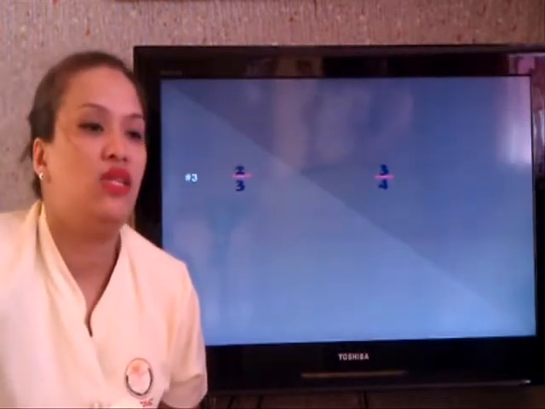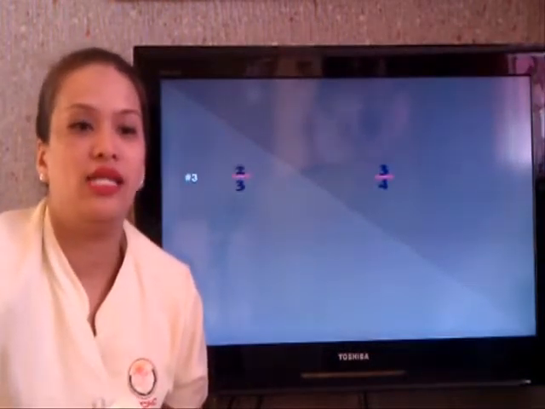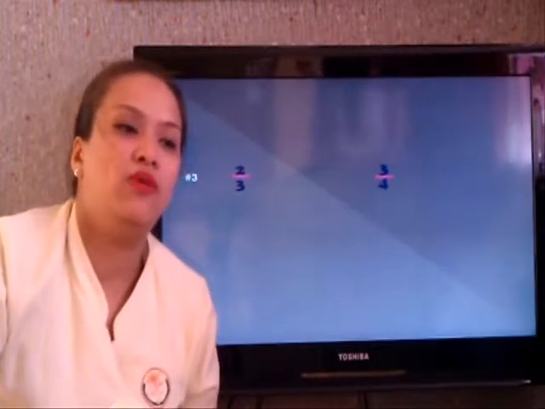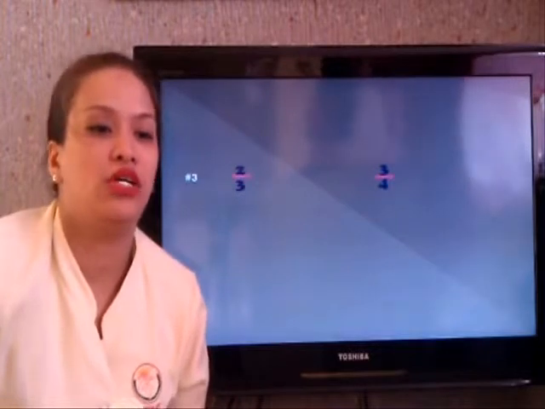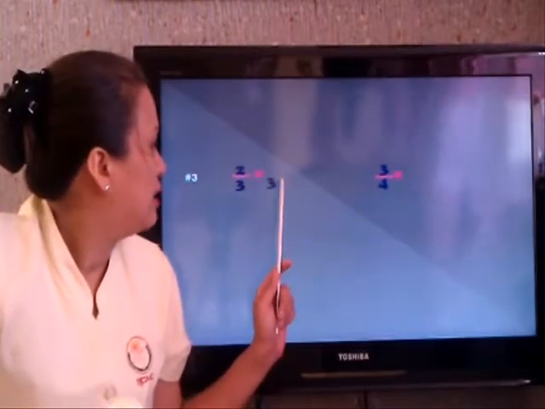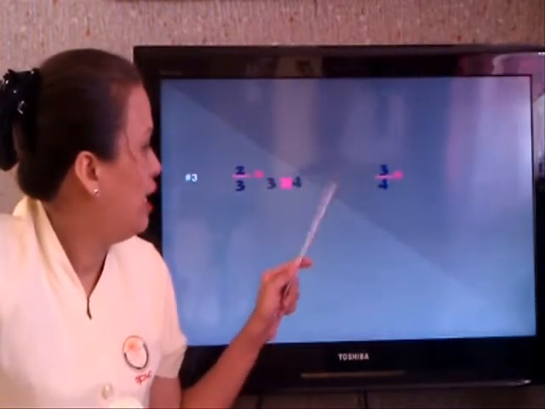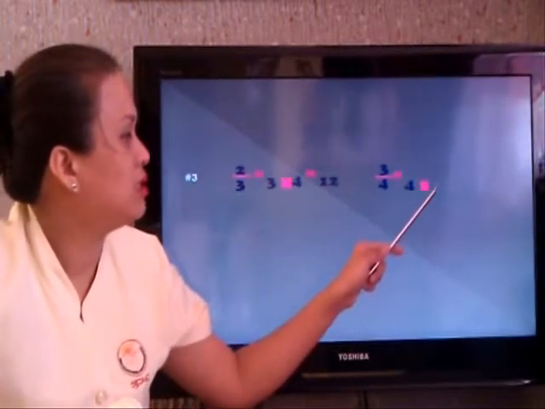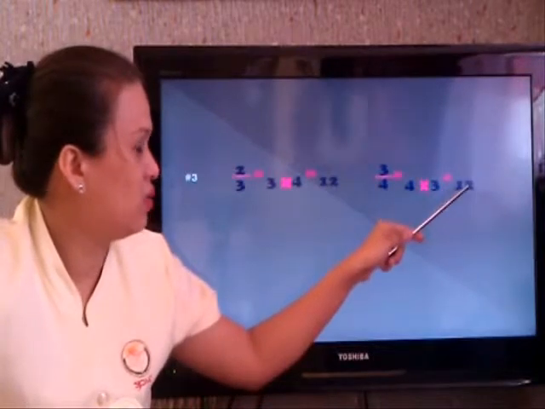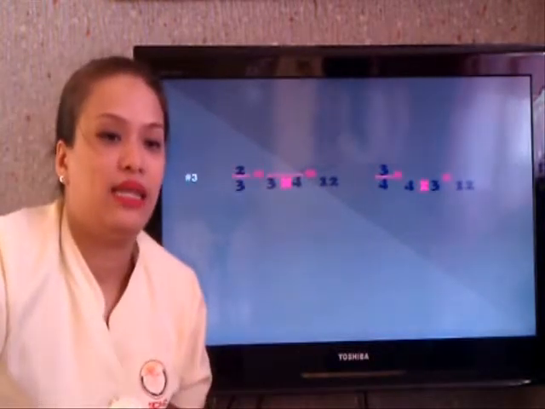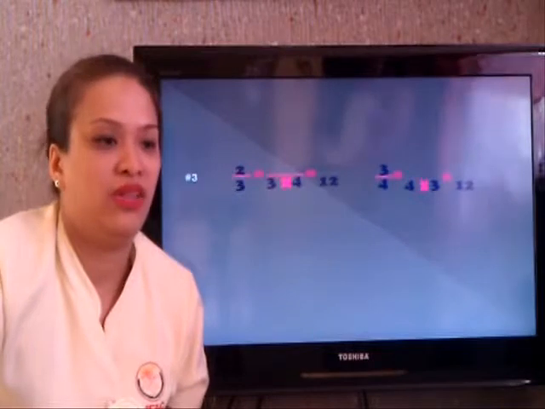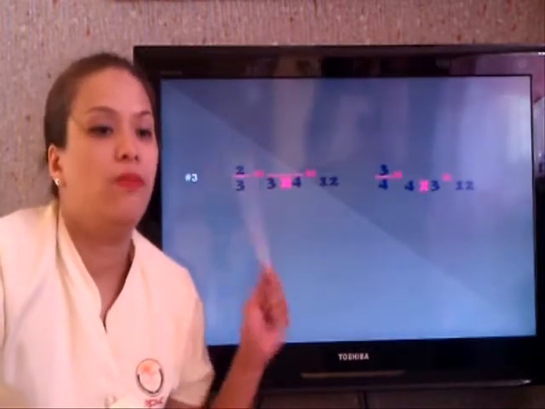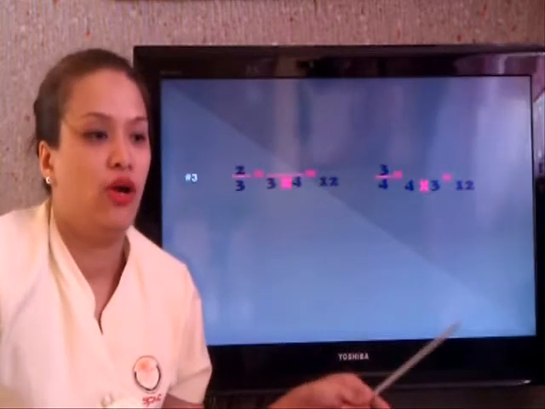We can do that by making equivalent fractions. So we need to find the denominator that is a multiple of 3 and 4. If we multiply both denominators, 3 times 4 is equal to 12, and 4 times 3 is equal to 12, we can get the denominator, because it means that 12 is a multiple of both 3 and 4.